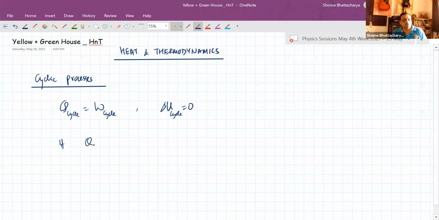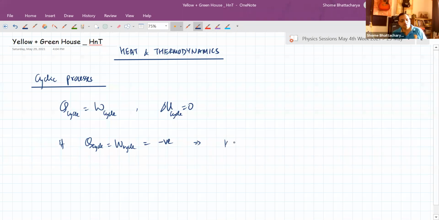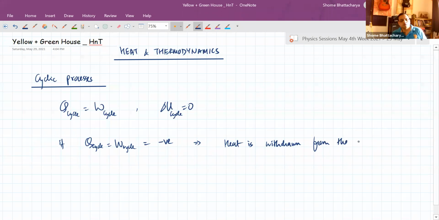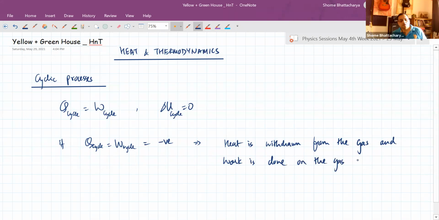If Q in the cycle equal to W in the cycle is a negative quantity, that means heat is withdrawn from the gas and work is done on the gas during the cyclic process.